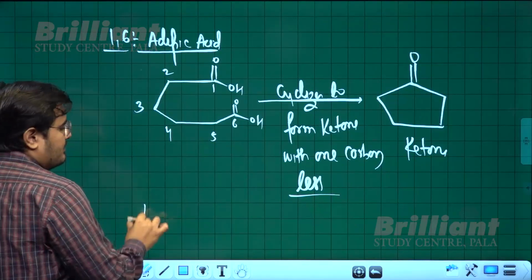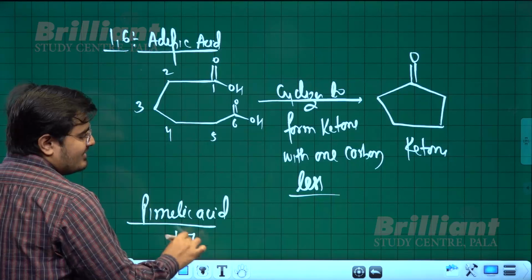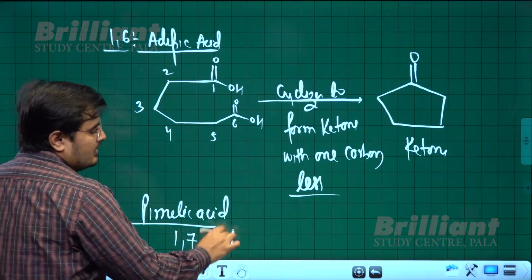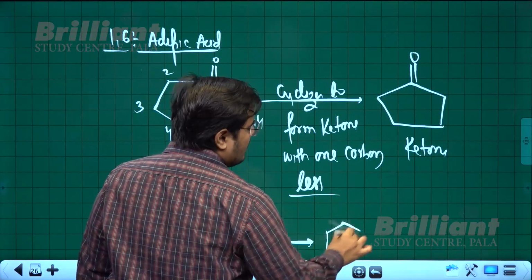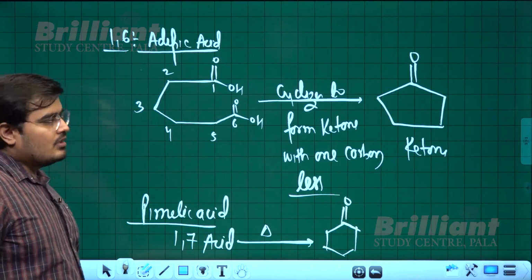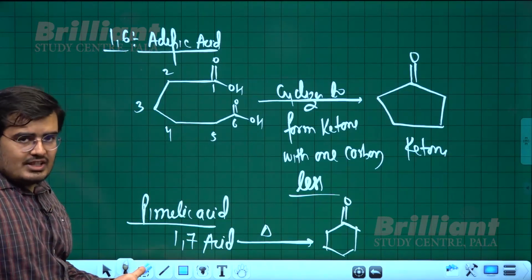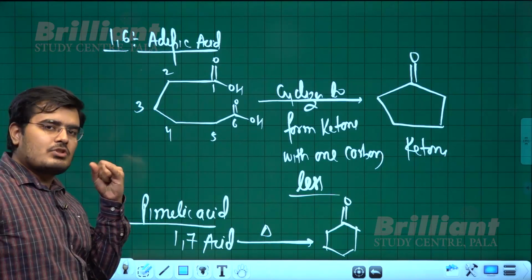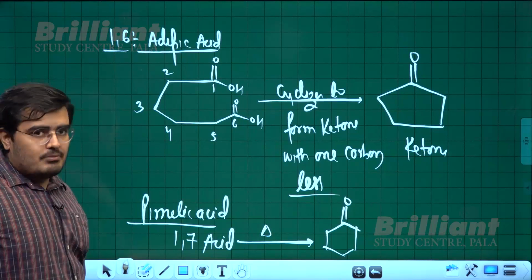Similarly, pimelic acid, which is a 1,7 acid, also on heating cyclizes to form a ketone with 1 carbon less. So this is the heating effect on dicarboxylic acids. We have discussed what happens to oxalic, malonic, succinic, glutaric, adipic and pimelic.